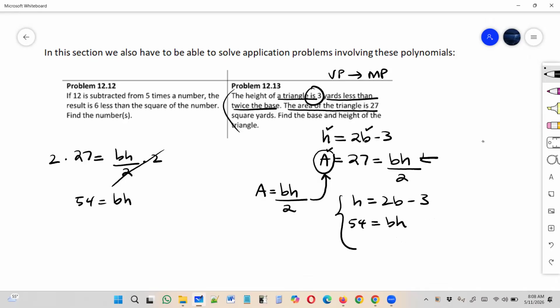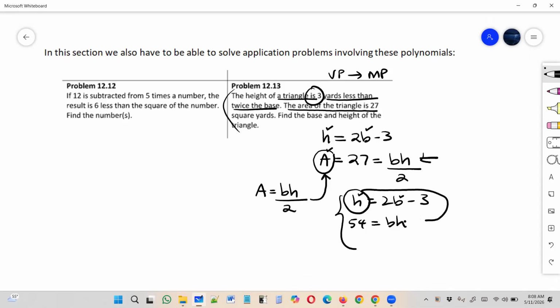Now, can I solve this? Well, I should be able to because, look, I have two variables. This is the same h, and I have two equations. Look what I can do. I can get this and replace it right there. Look, 54 equals B. Instead of writing H, you're going to write 2B minus 3.